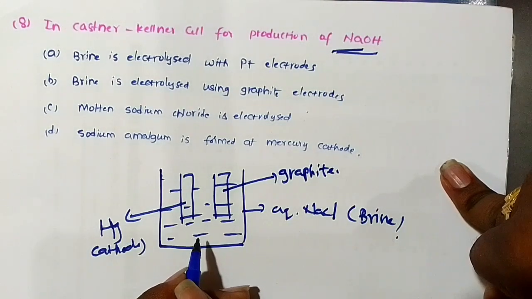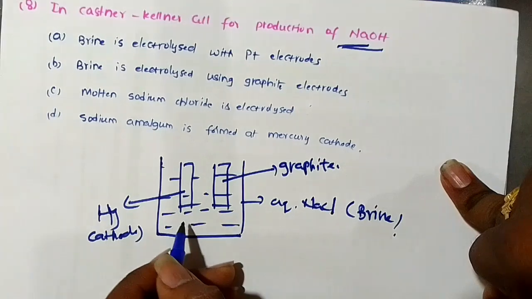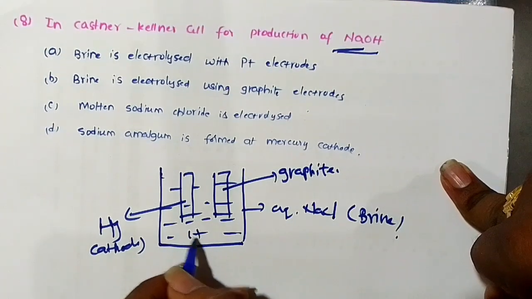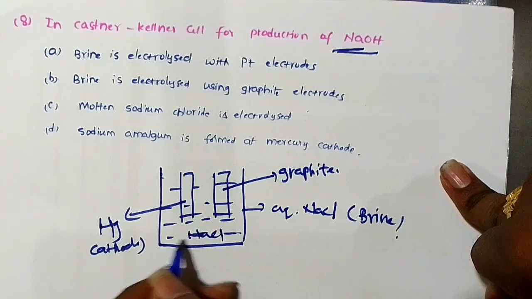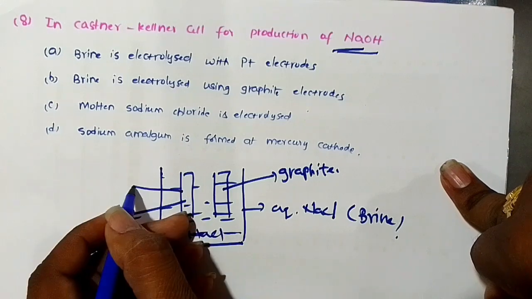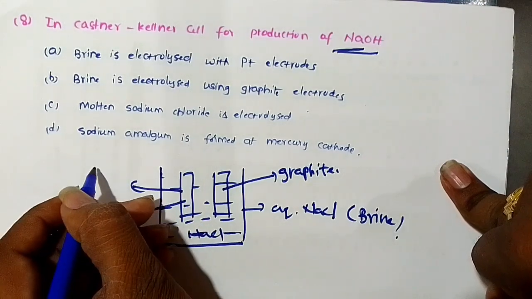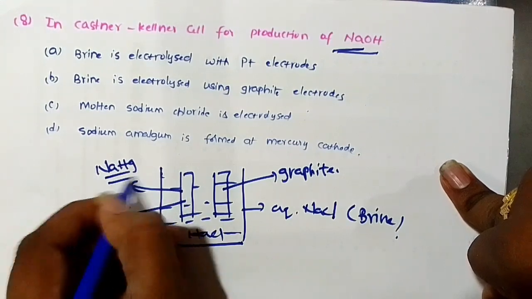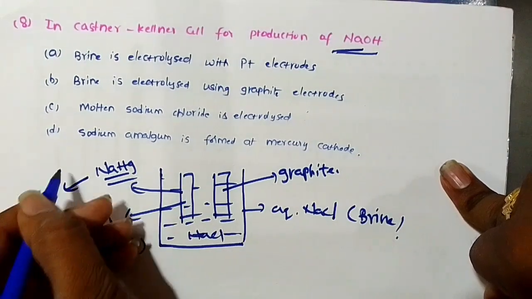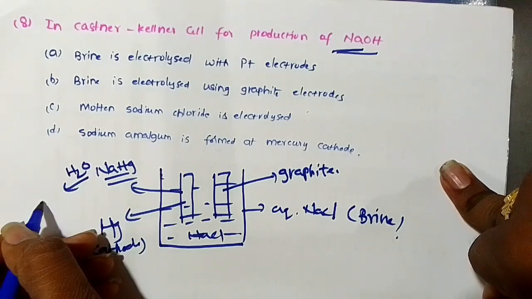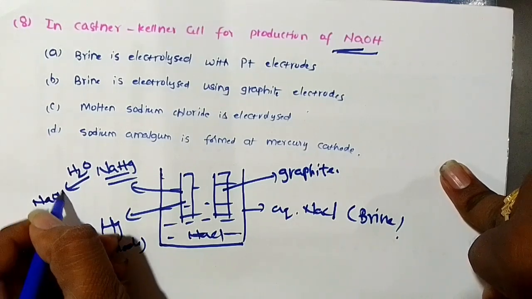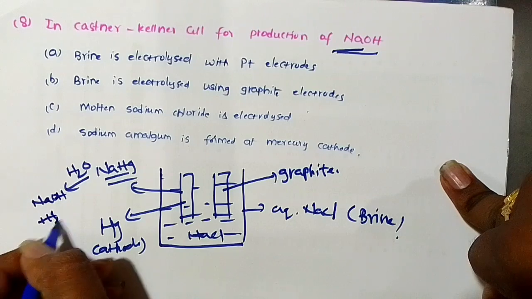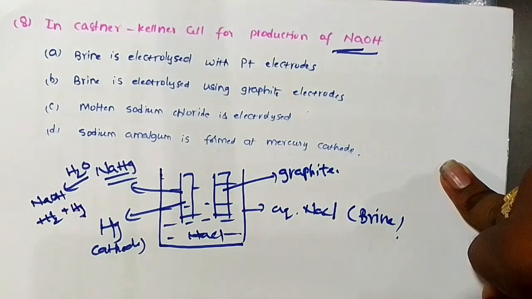During the electrolysis process, sodium combines with the mercury cathode and forms sodium amalgam. Sodium amalgam is further treated with water, so we get sodium hydroxide, hydrogen and mercury.